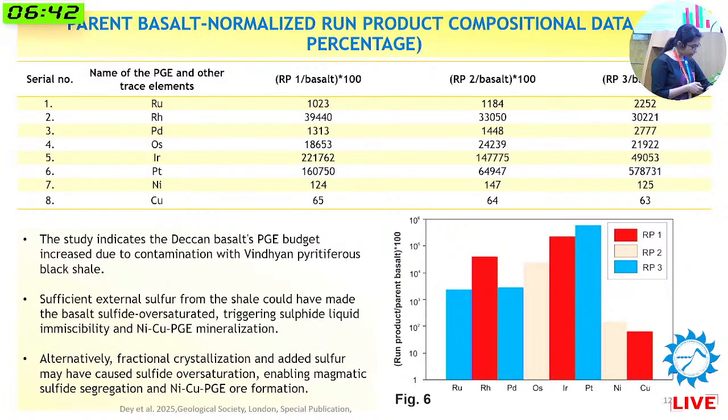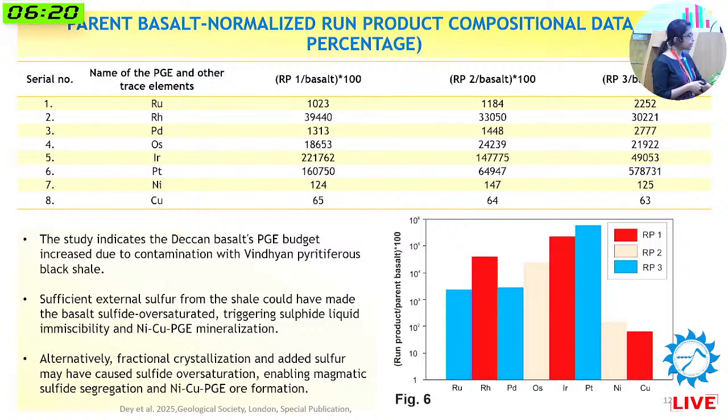Each bar here represents the highest concentration of different elements, but the color code shows the percentage of contamination at which the elements have reached that highest concentration.